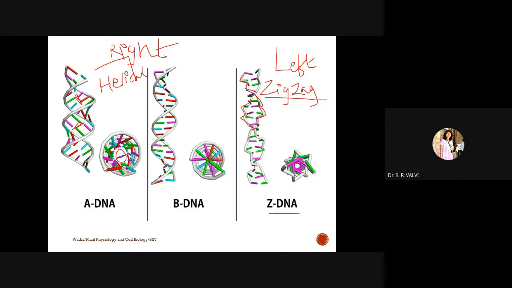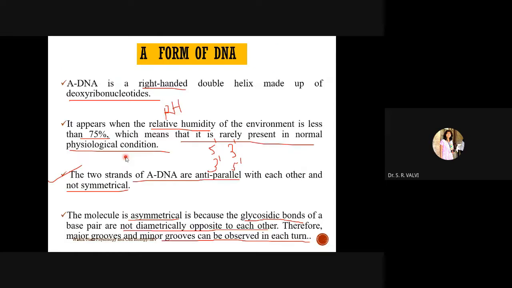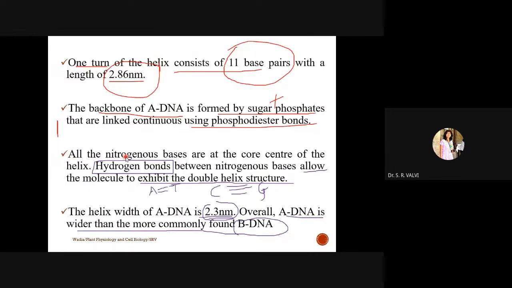Whereas in the case of B type of DNA, we are not observing any gap. Here there is no gap. You can see this is the circular image where there is no gap, whereas here you can observe the gap between them.